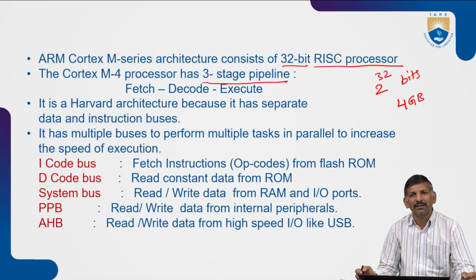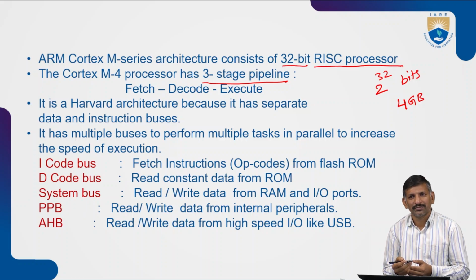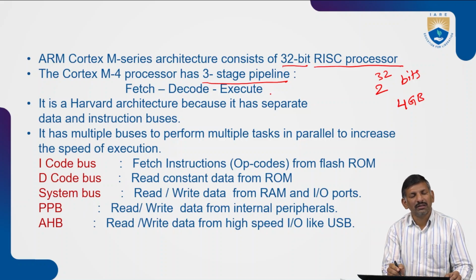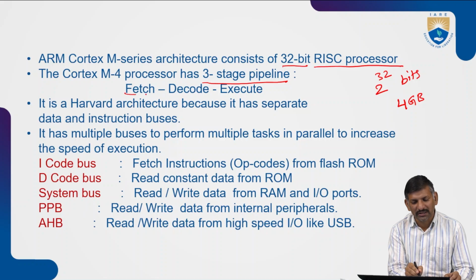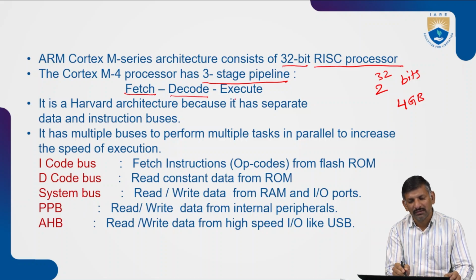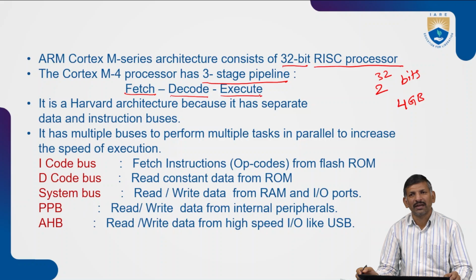So to meet the deadline, we need to provide accurate timing. If we do the operations in parallel, we reduce the execution time, and reducing execution time automatically improves the speed. So the Cortex-M4 series processor supports 3-stage pipelining: fetch the instruction, decode the instruction, and execute the instruction at the same time for different instructions.